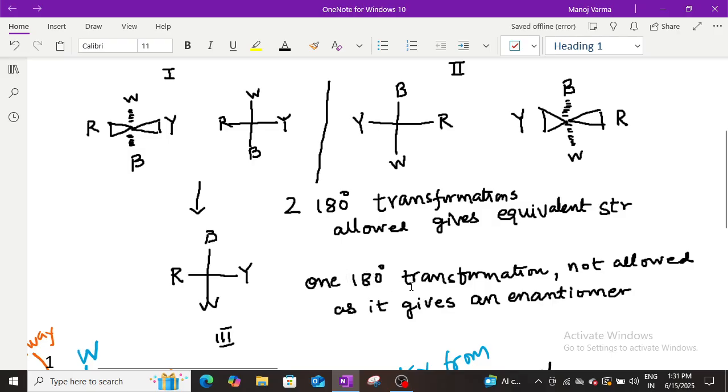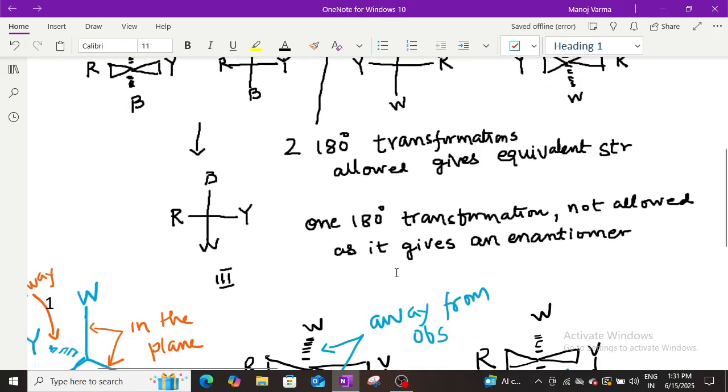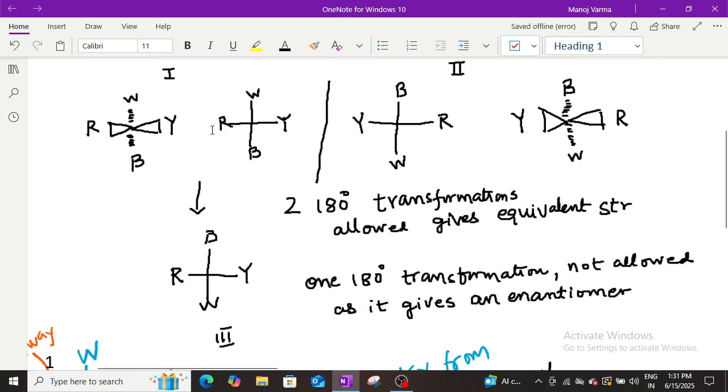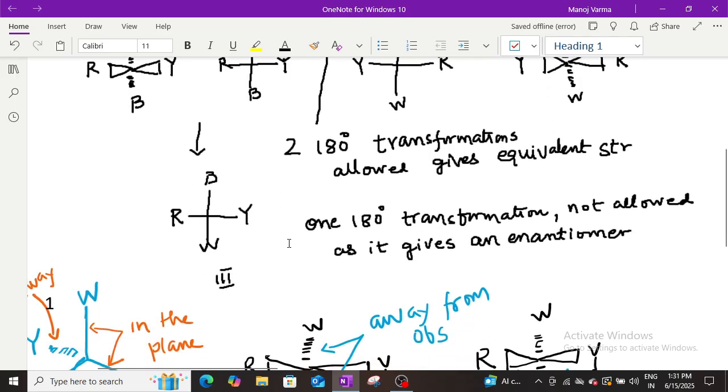And now this one 180 degree transformation is not allowed, which means that 1 and 3 do not represent the same molecule, but they actually represent mirror images, which are non-superimposable, and therefore they are different molecules and they represent enantiomers. So this is one thing that you have to understand.